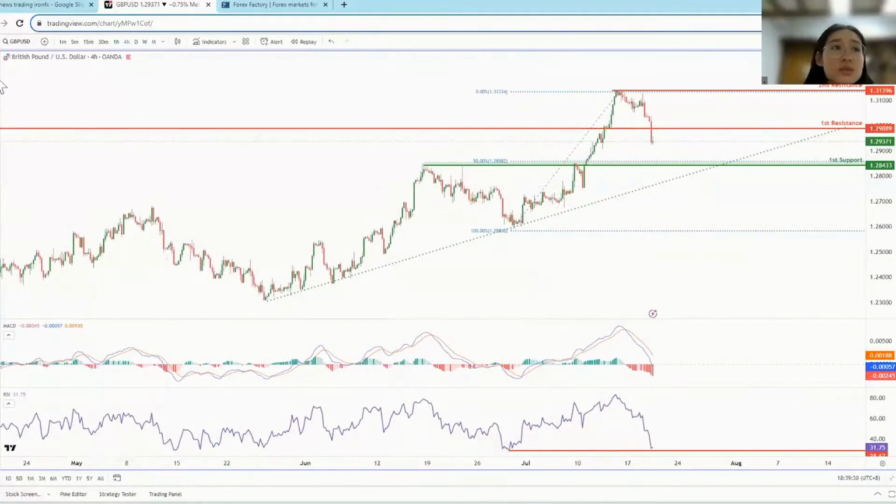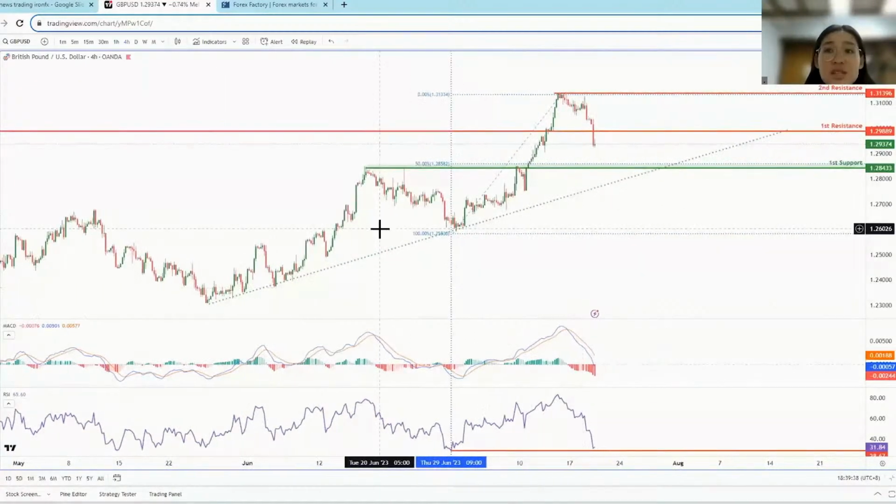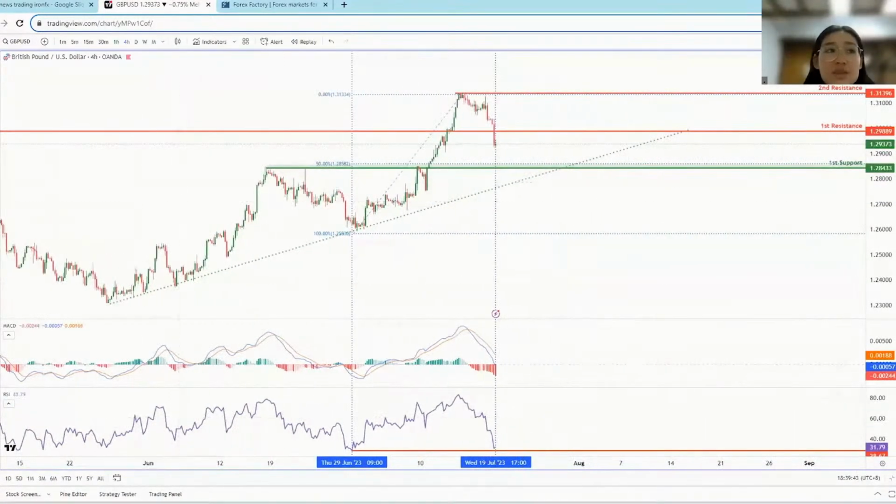This level over here, let me just highlight it, is this level here on the price chart. So we can see that where price is currently at is over here. But if we take a look at our RSI, this from here to here is obviously much steeper, whereas here we can see price is approaching our hidden support level. So we can expect price to continue to drop towards this support level before reversing off of it. So it's likely to continue to drop.